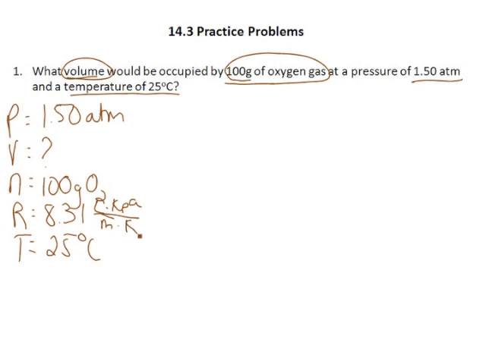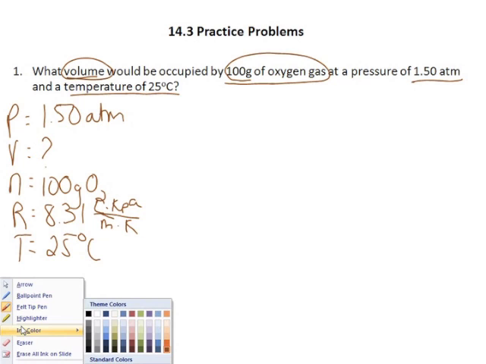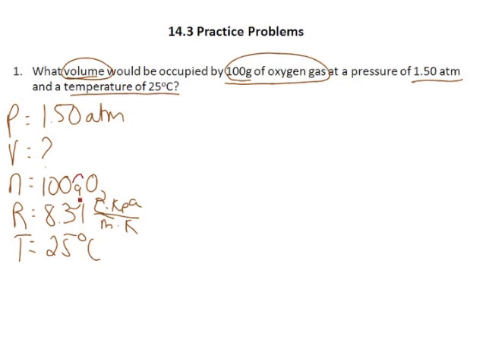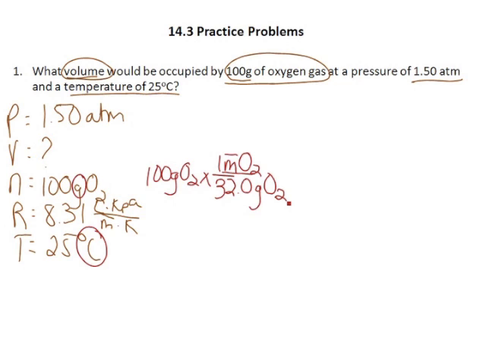Okay, so this tells us that we're going to solve for volume, but before we get started, I notice a couple of things. I notice that this is in grams, and I notice that this is in Celsius. So I need to fix those. I need to convert my 100 grams of oxygen to moles. So 1 mole of O2 is equal to 32.0 grams of O2 because I added up 2 oxygen atoms from the periodic table.